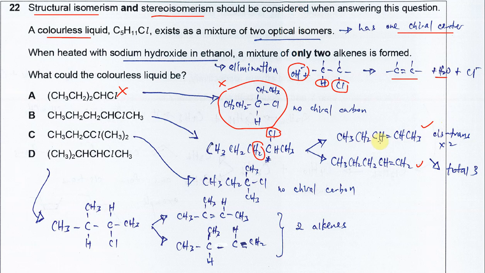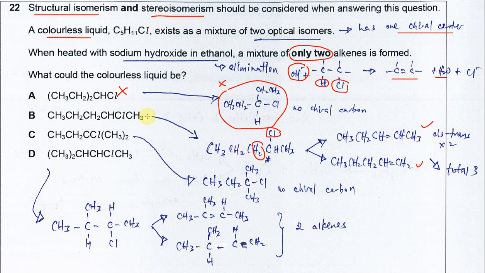This alkene can form cis-trans because this carbon and this carbon in the C=C double bond each have two different groups: this ethyl group and this H, and this methyl group, right? So it can form cis-trans. But this question is asking for only two alkenes, so now the total is 3.